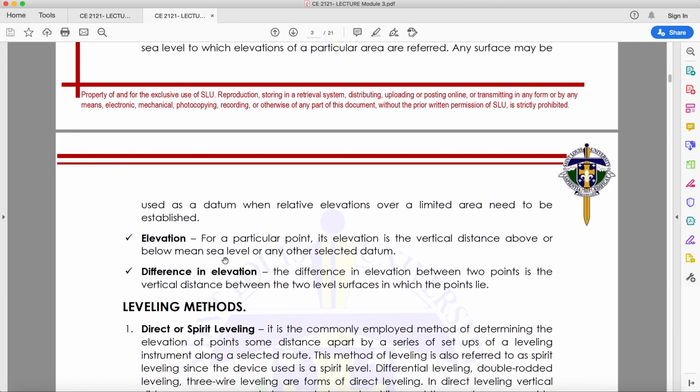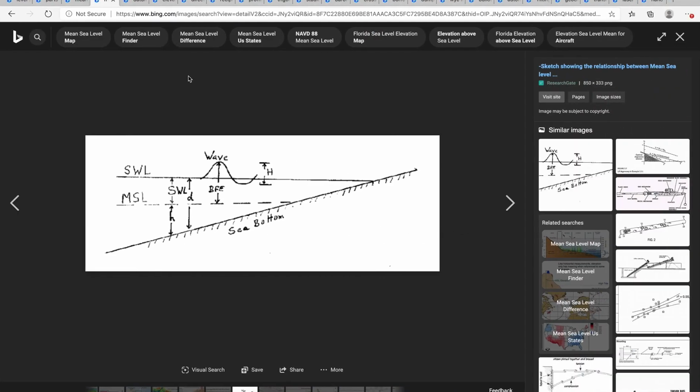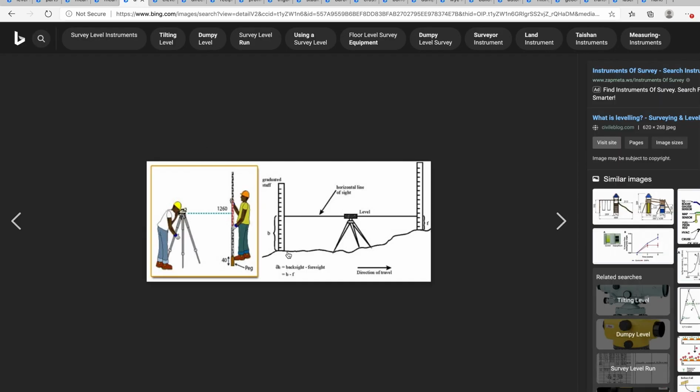Next would be the elevation. So for a particular point, its elevation is the vertical distance above or below the mean sea level or any selected datum. For example, this area is just a small area, and it's far from the sea.